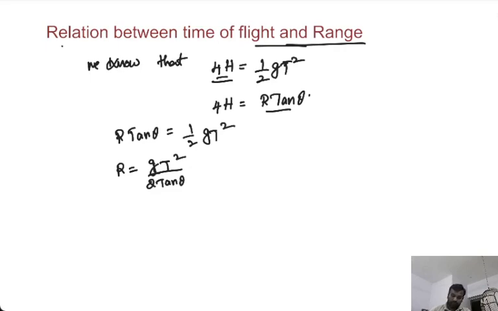So 2R tan theta divided by g is equal to t square.